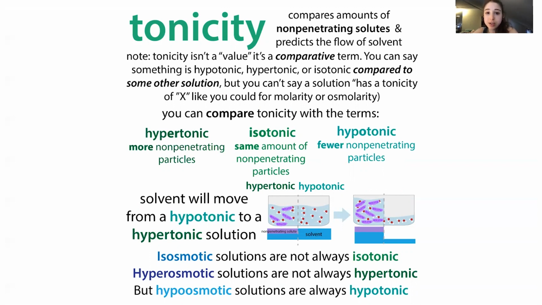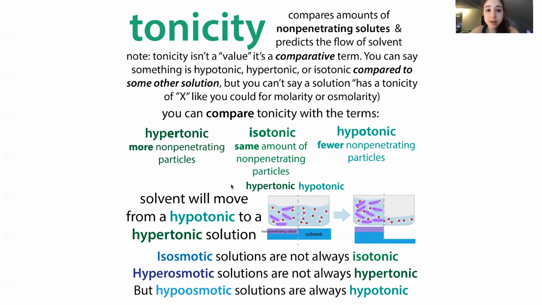And the other thing is that with tonicity, in addition to comparing these solutions, it's comparing them in the context of this particular membrane. And so you have to take into account the membrane and the solutes and their relative permeability. That way you can compare where the solvent is actually going to flow.